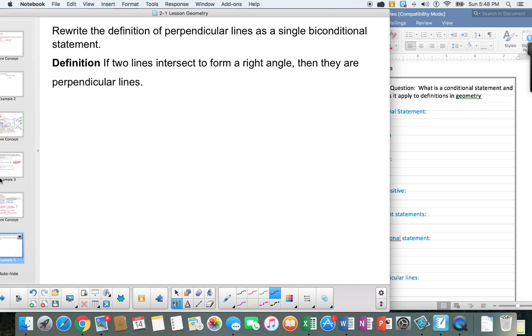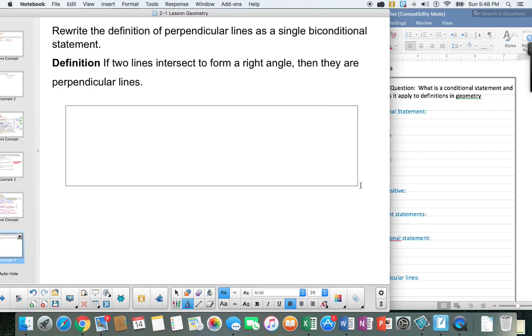Okay, so in definitions, we should be able to write a definition as a biconditional. So both the conditional and its converse will be true. So let me go ahead and take this definition and rewrite it in if-then form.